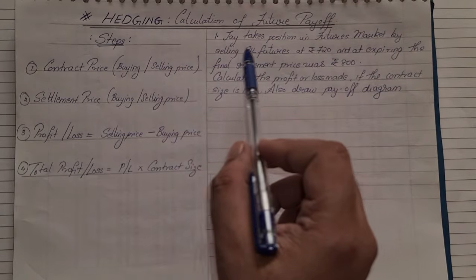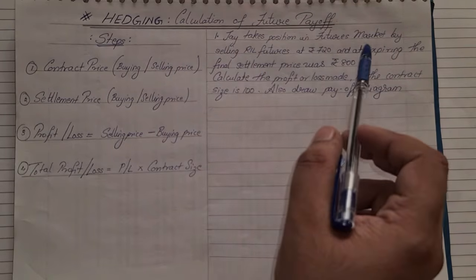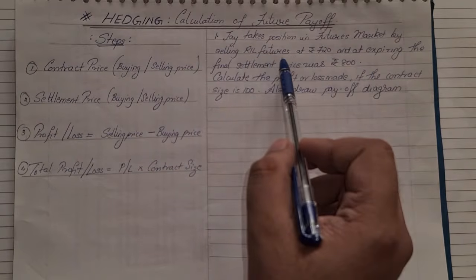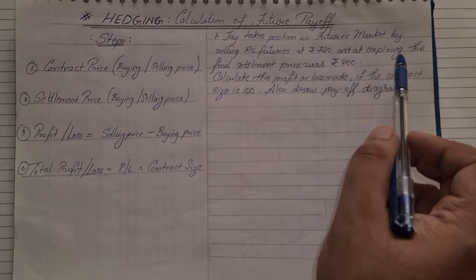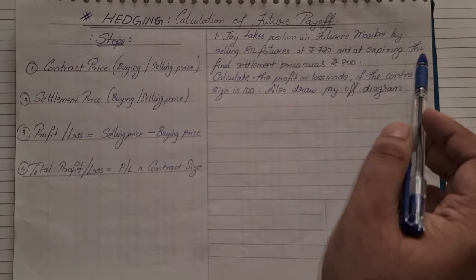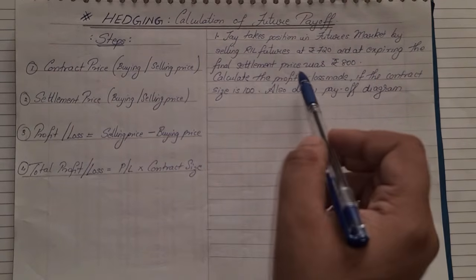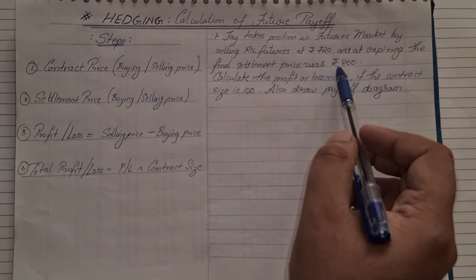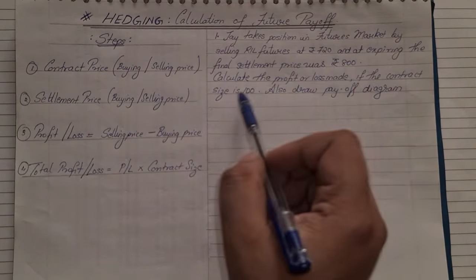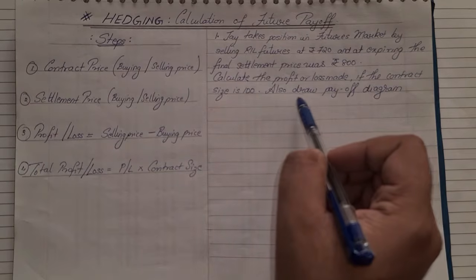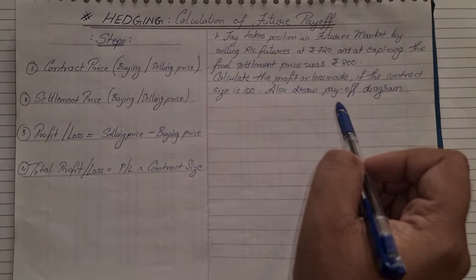It's given that Jay takes a position in the future market by selling Reliance Future at rupees 720. At the expiry, the final settlement price was 800. Calculate the profit or loss made if the contract size was 100 and also draw the payoff diagram.